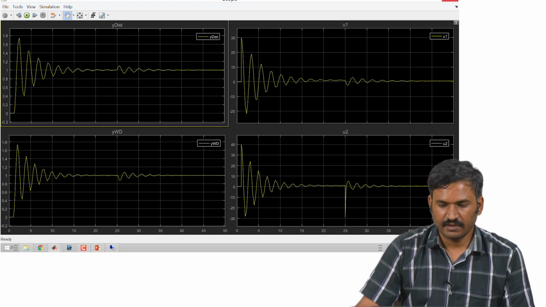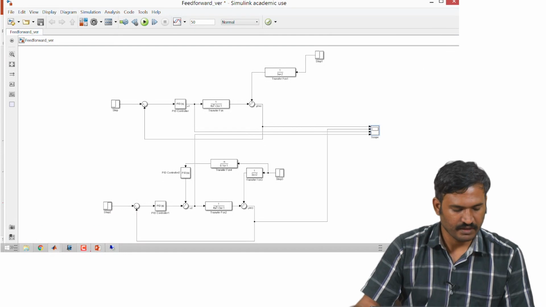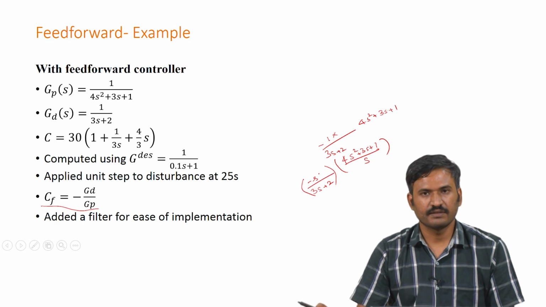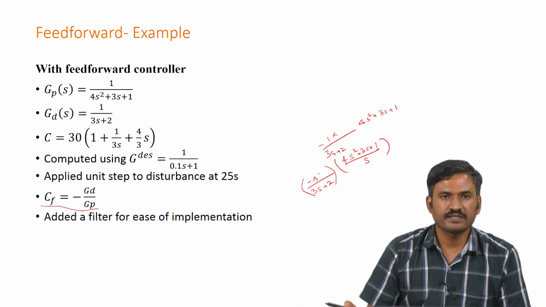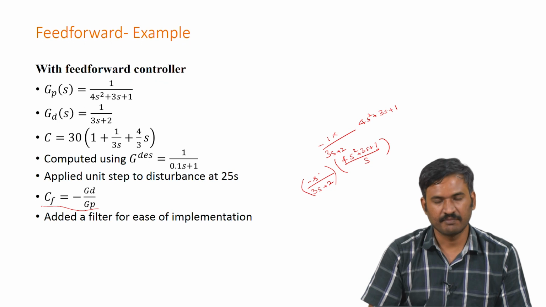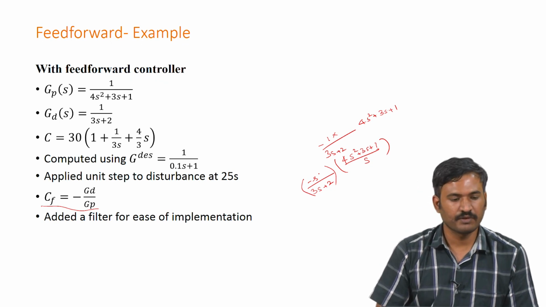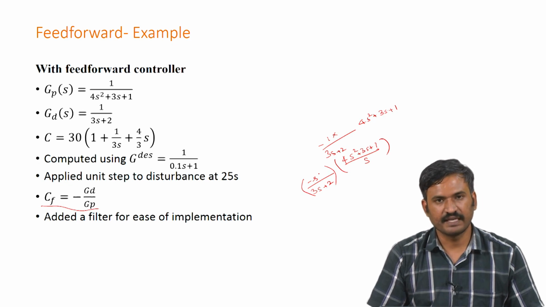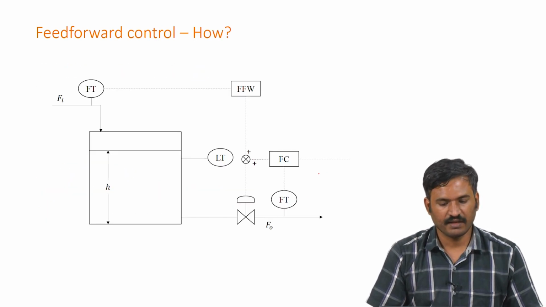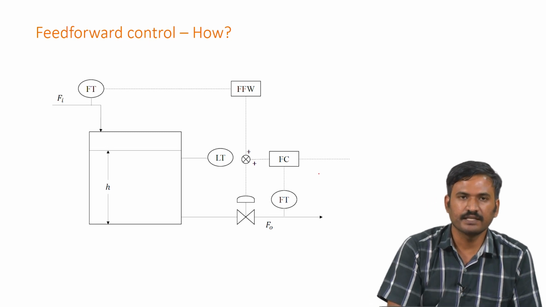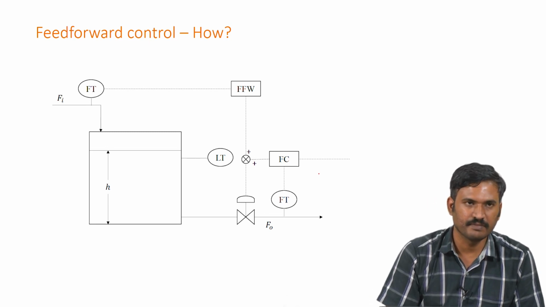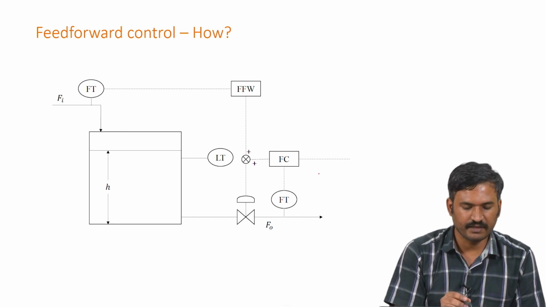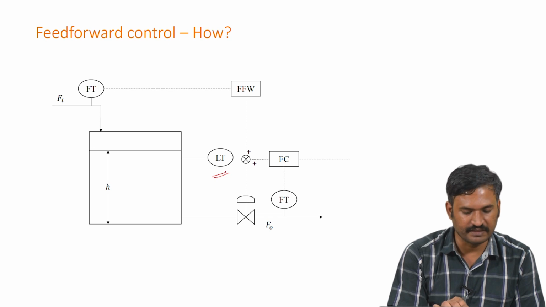So, we have looked at two advanced control techniques, which are cascade control and feed forward control. The key idea of both the controls is that we have additional information in terms of either the disturbance measurement or additional variable measurement present, like the level of this system.